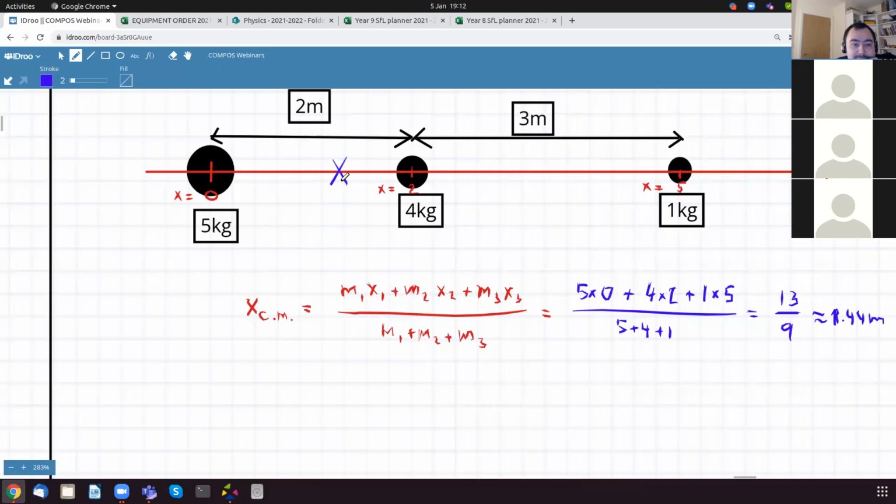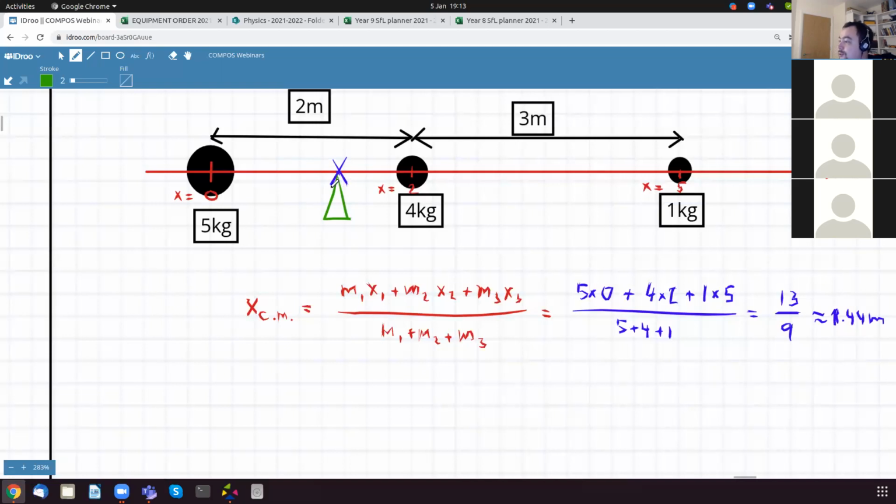This is the center of mass. That means if I connect them with a rod and I place a pivot at this point, the system will be balanced here, because the center of mass of the system is here, so it won't tilt left or right.